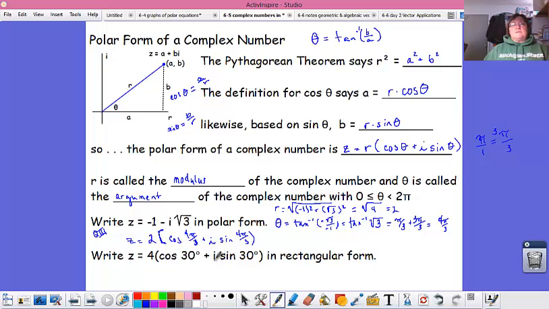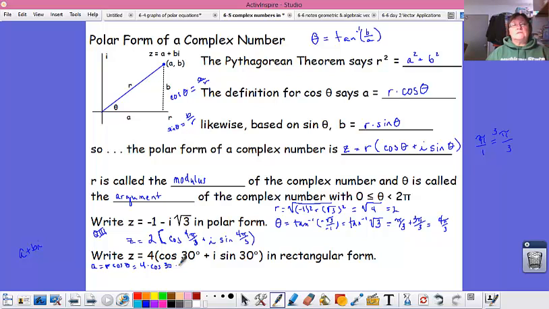Now we're going to go the opposite direction and write this in rectangular form. So our answer should be in the format a plus bi. And let's see. To get a, we need r times the cosine of the angle. So I'll write the formula, but that for us is going to be 4 times the cosine of 30.